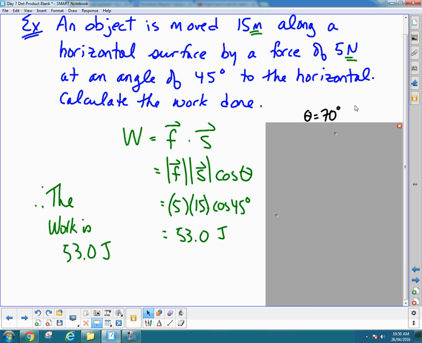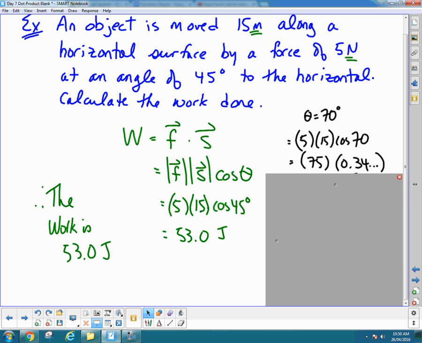You're standing almost upright. Look at what happens to the math: the cos of 70 is a much smaller number, about 0.34. So when you multiply that by 75, you're taking 34% of it, and you're losing a lot of it, and you don't have much work accomplished.